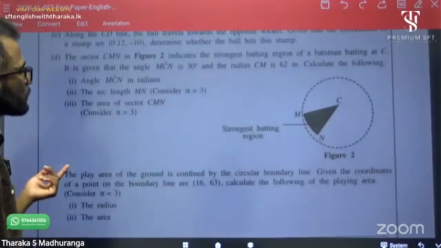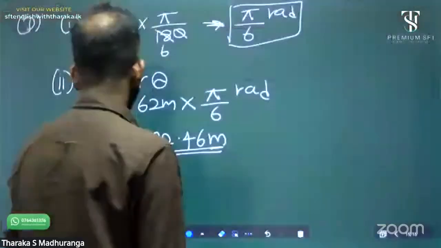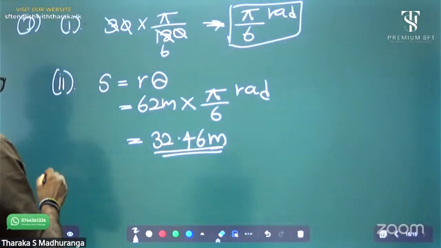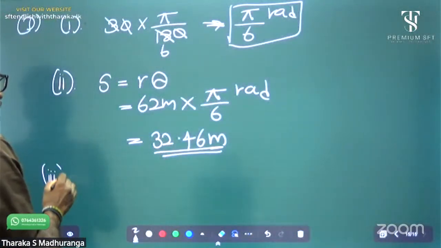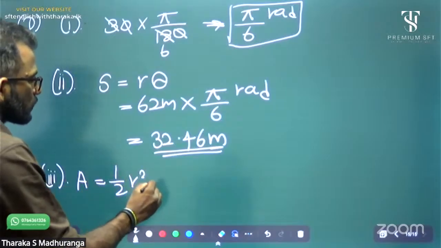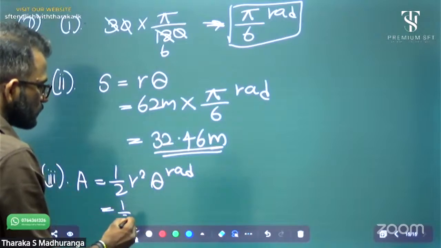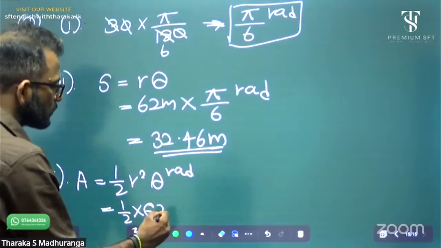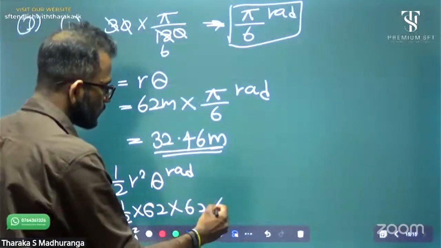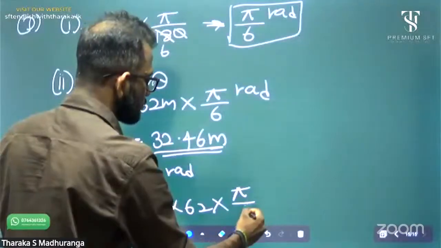The area of the sector, consider pi equal 3. Very simple. For the area of this sector part, we have a very simple equation. The area equals half r squared theta radian. Half r squared means 62 into 62, theta same, pi over 6.